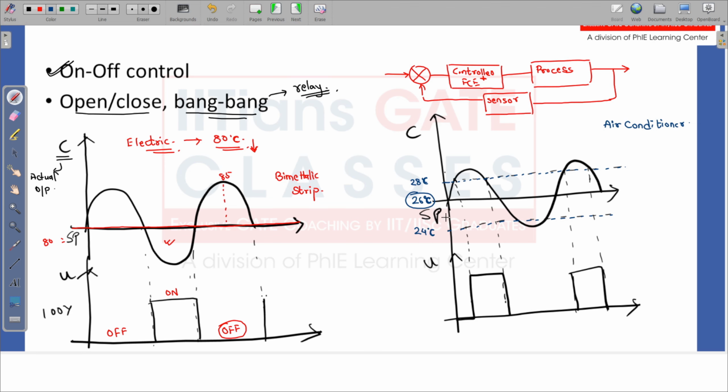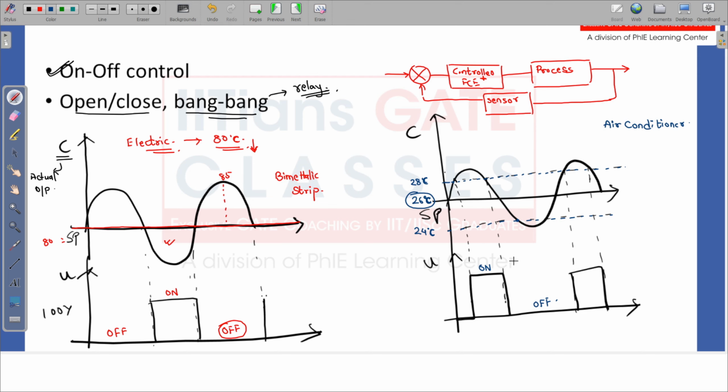So now what will happen? The moment the temperature goes above 28 degrees C, your AC will switch on, and the moment the temperature goes below 24 degrees C, it will switch off. Now you can see the on-off cycle, which previously took place in a very short duration, now takes place over a larger time.